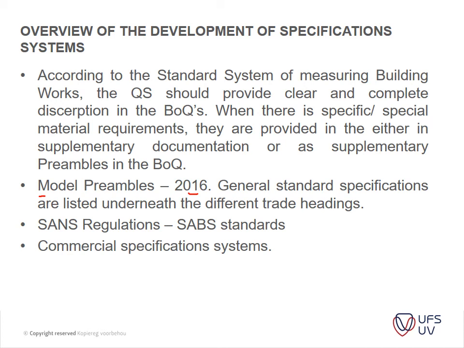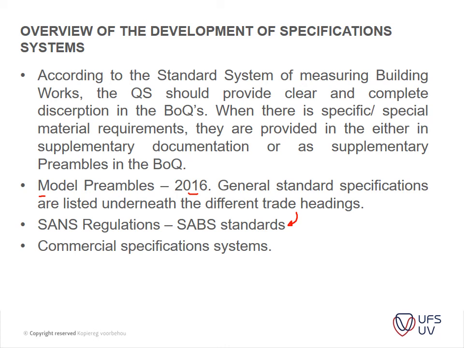Then anything additional to that will be specified in the BOQ or supplementary preambles as shown in the previous lecture in your BOQs. Then you've got your SANS regulations, the SABS standards. I'm not going to go into that. What usually happens is the model preambles refer to specific regulations in the SABS, and so the two go hand in hand.